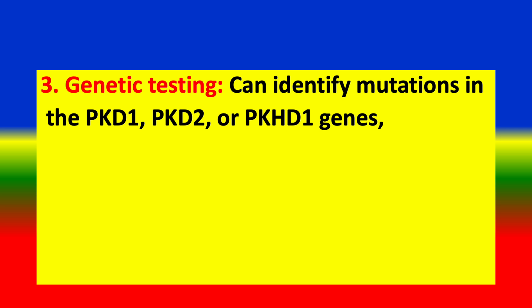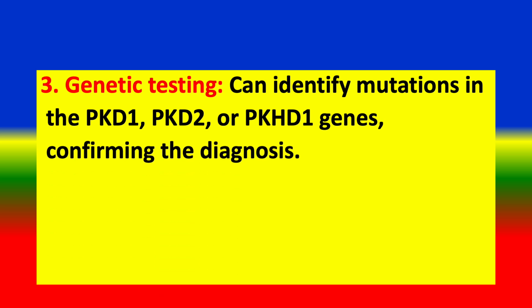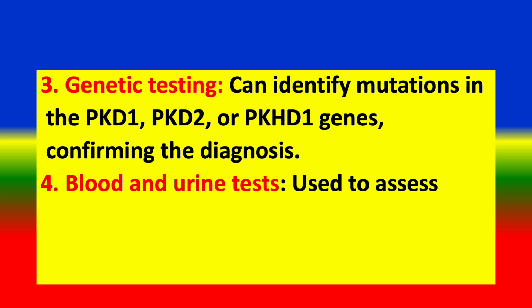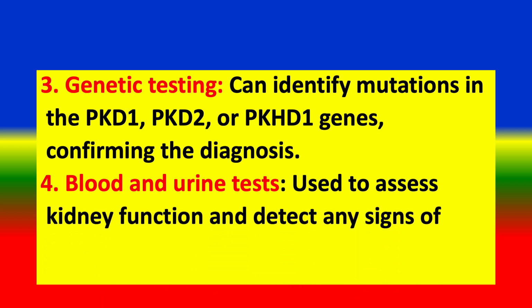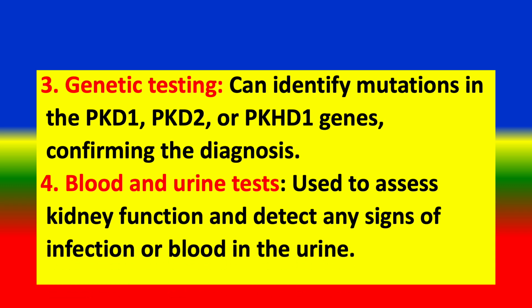Genetic testing can identify mutations in the PKD1, PKD2, and PKHD1 genes, confirming the diagnosis. 4. Blood and urine tests used to assess kidney function and detect any signs of infection or blood in the urine.